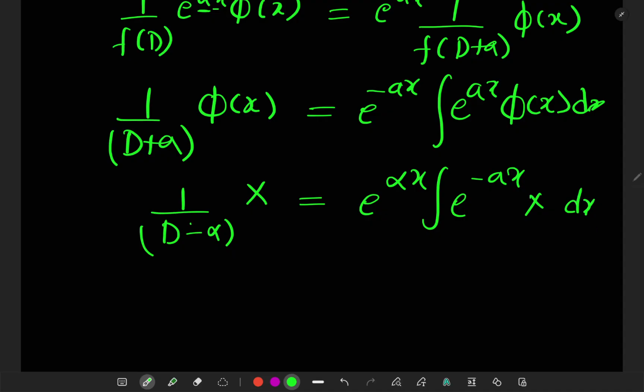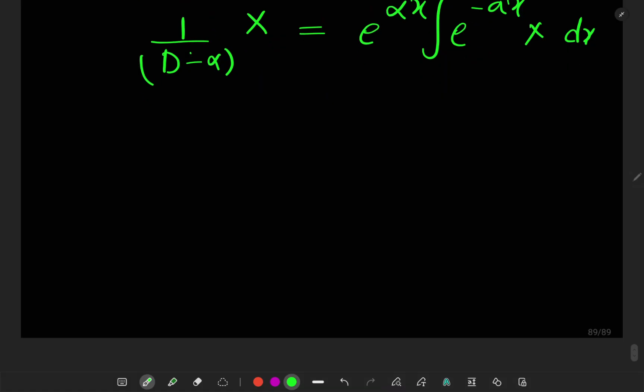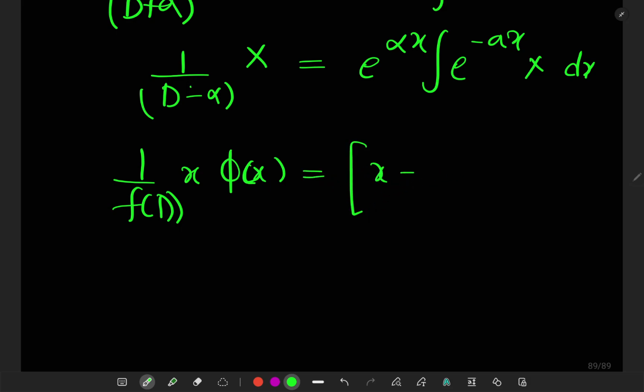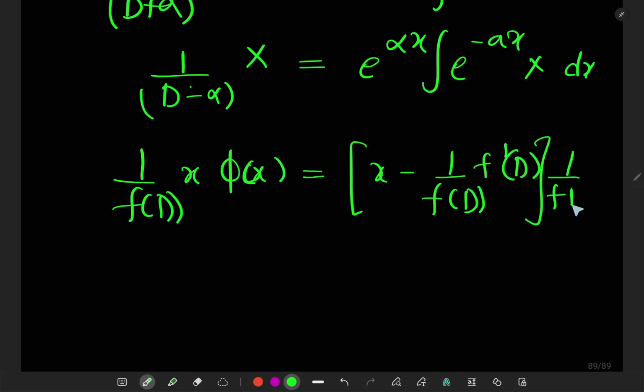So these both are same. Now another formula, if two variables like x and phi x come, so we can use here this identity like that, x minus 1 by f d into f d dash into 1 by f d phi x.